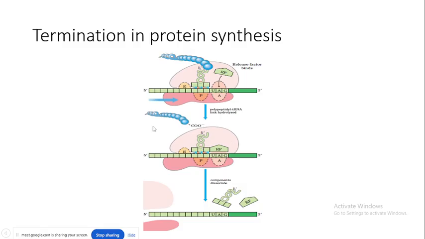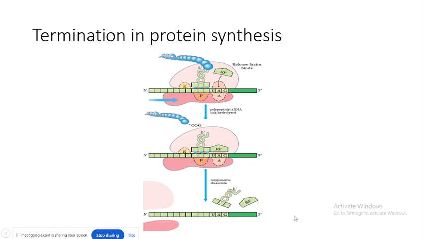Then when this polypeptide chain is released and there is an empty tRNA, this empty tRNA will also be released along with the release factor, right? In addition, the 30S and 50S ribosomal subunits will also dissociate from this mRNA.